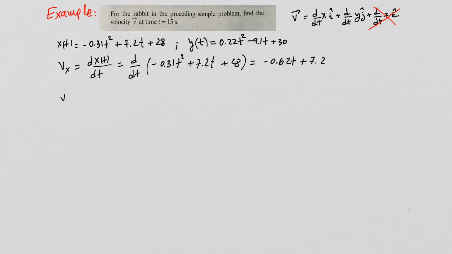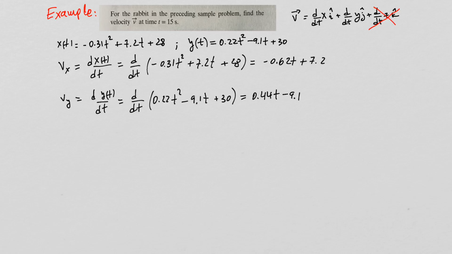And then for the y component, Vy, that will be dy of t dt. So that's going to be d dt of 0.22 times t squared minus 9.1 times t plus 30, which gives me 0.44 times t minus 9.1. So now I can calculate what those velocities are at 15 seconds.